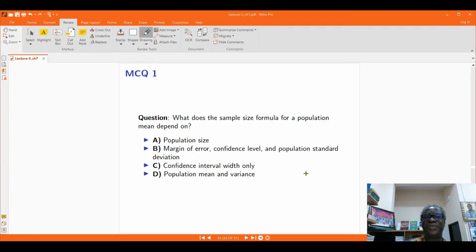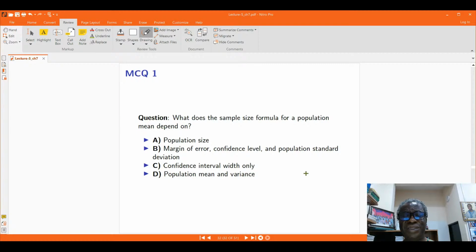What does the sample size formula for a population mean depend on? We showed that it depends on three things.